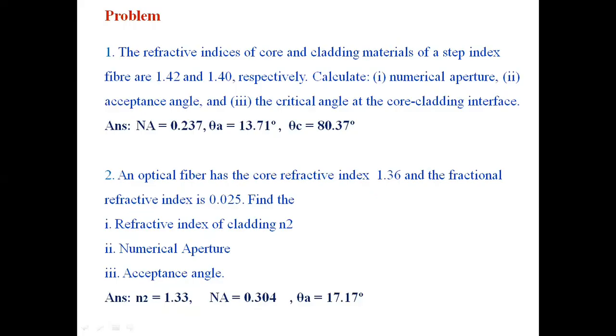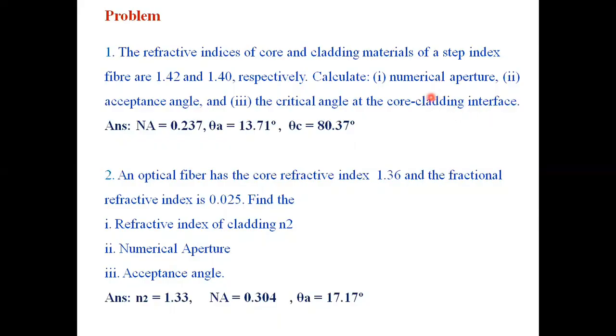Now, let us see one or two problems on calculating the parameters we have studied so far. The first problem: the refractive indices of the core and cladding material of a step index fiber are 1.42 and 1.40 respectively. Calculate the numerical aperture, acceptance angle, and critical angle at the core cladding interface.